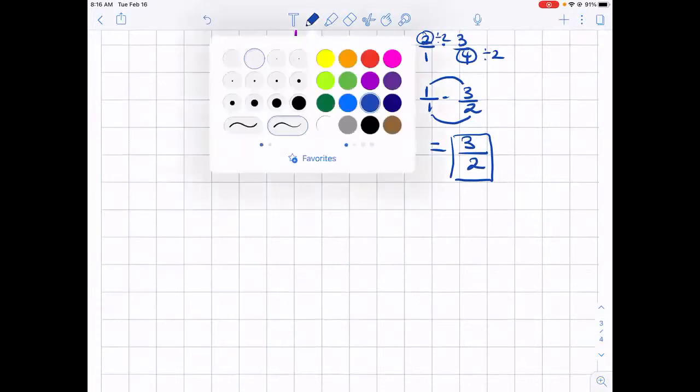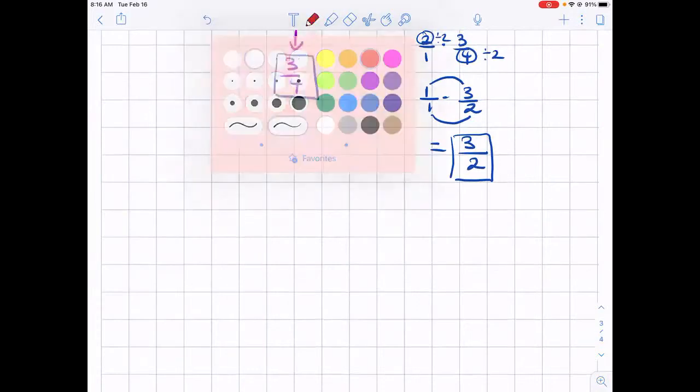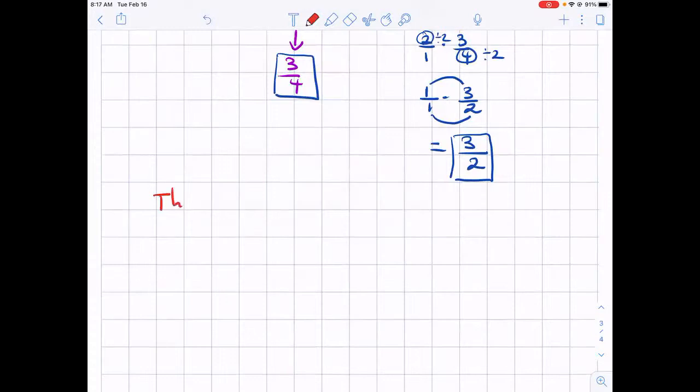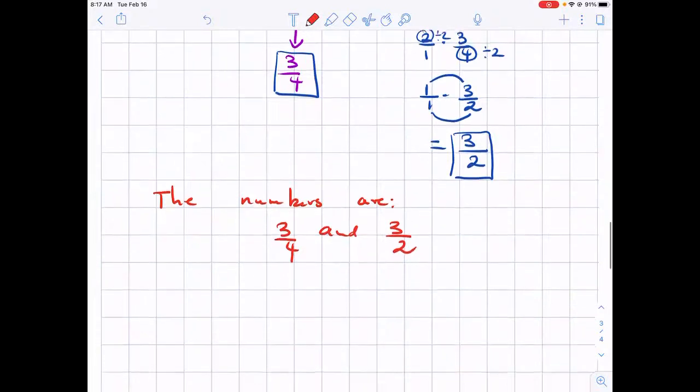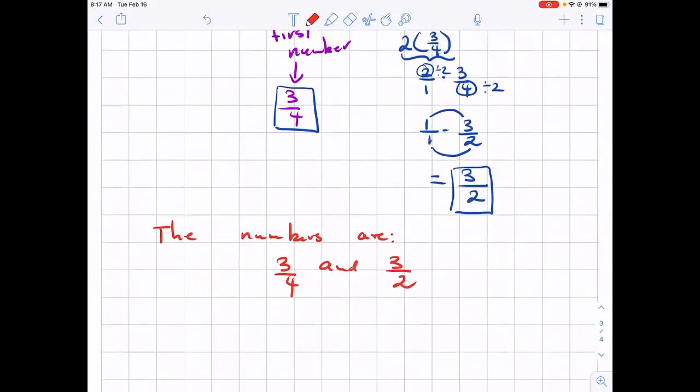So the numbers are 3/4 and 3 over 2. And if you add those two numbers, you can perform a check. You will see the result is 2. So here is my final answer.